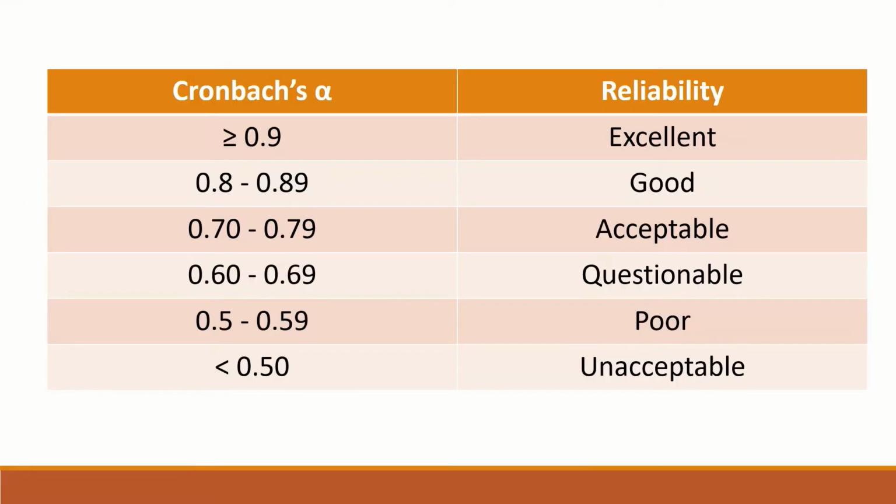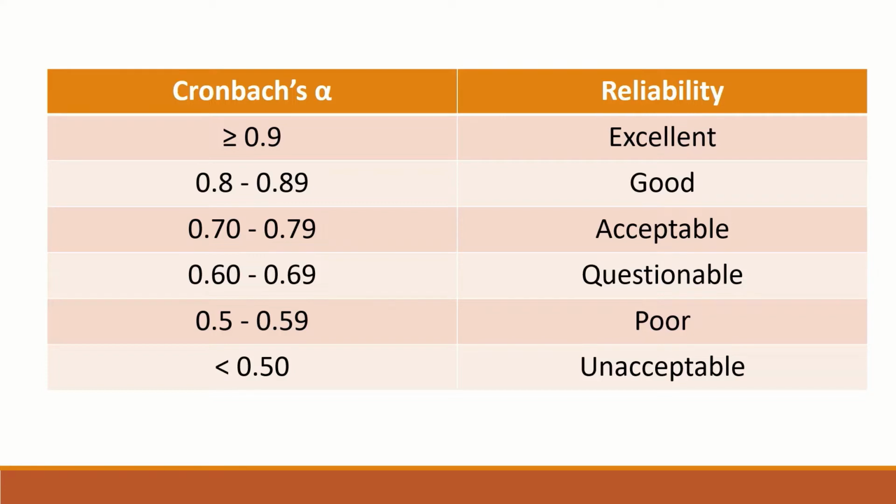In the following table, the Cronbach's alpha range is represented by reliability level. A test that is reliable and has excellent reliability will have a Cronbach's alpha between 0.9 and above. A Cronbach's alpha range of 0.8 to 0.89 means good reliability.